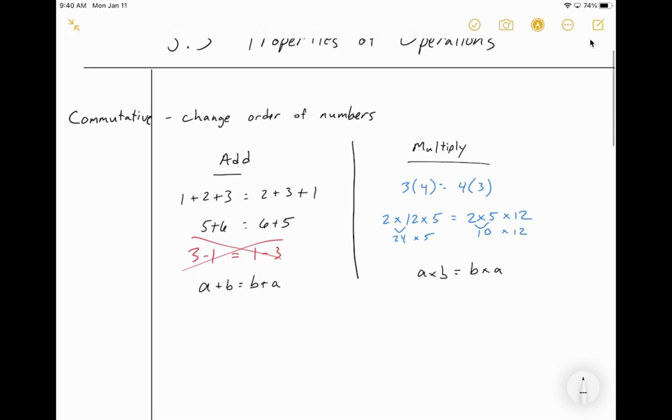Now, it's really easy to get these two confused, so let's talk about this. The associative property. In the associative property, okay, the grouping or the parentheses change, okay? Parentheses.